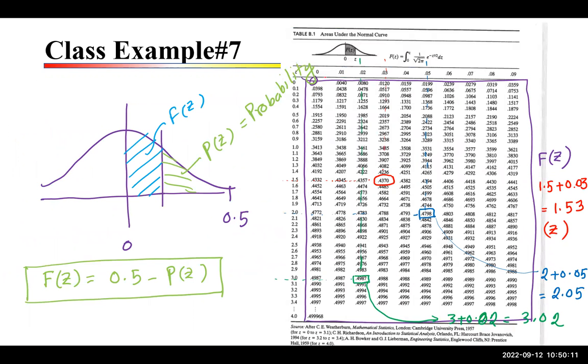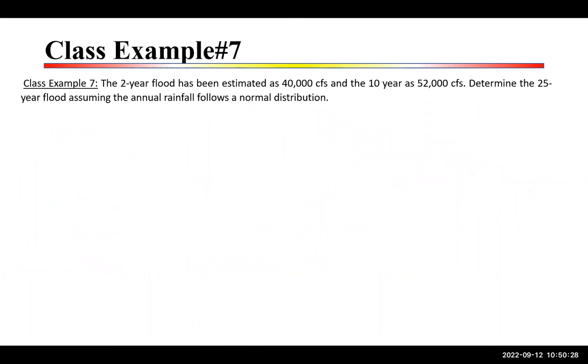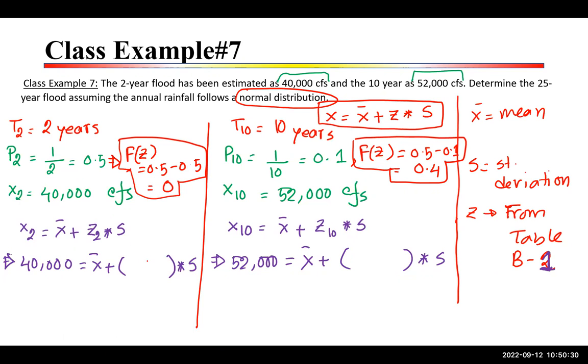Are you seeing any 0 value within that purple box? The top one, which is hidden behind the green color, but on your copy, this is actually 0. So what is the Z value for 0? Z value is 0, and X bar is 40,000 CFS. Okay, I will stop here.